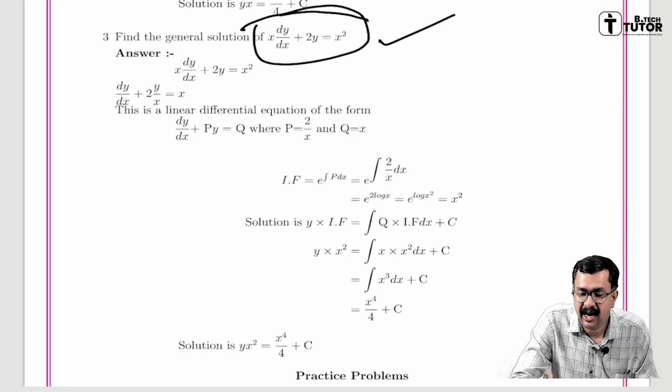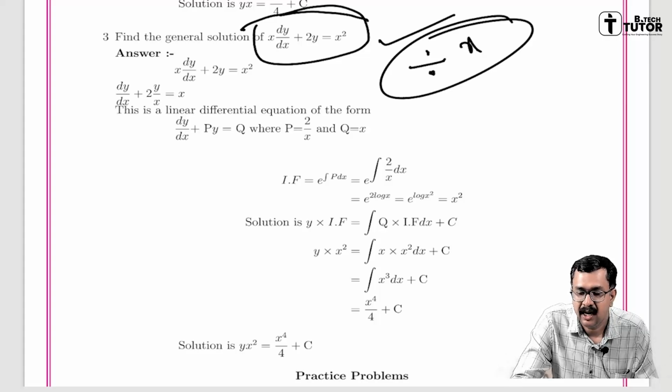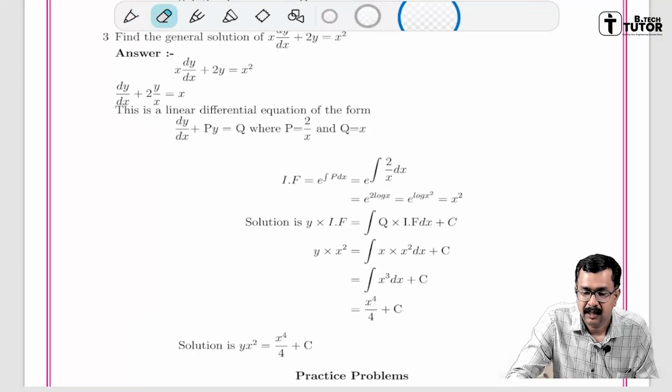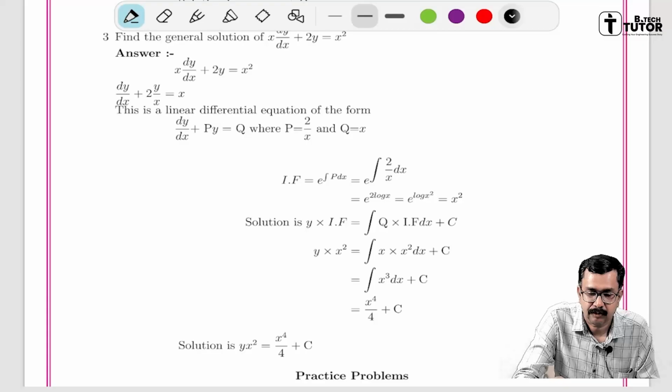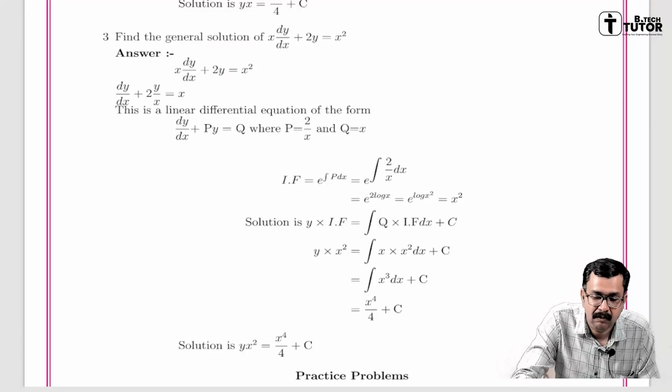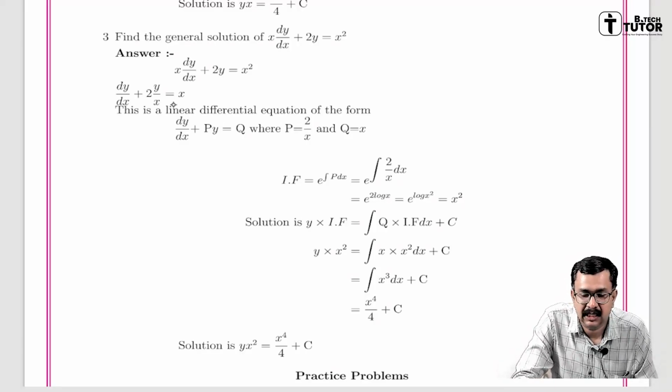Therefore, dividing throughout with the x, it will become dy by dx plus 2 into y by x equals x.